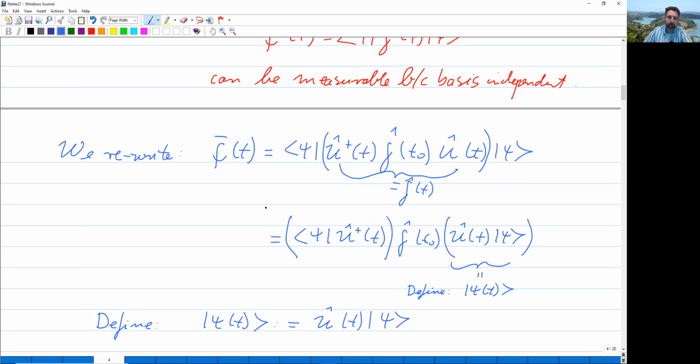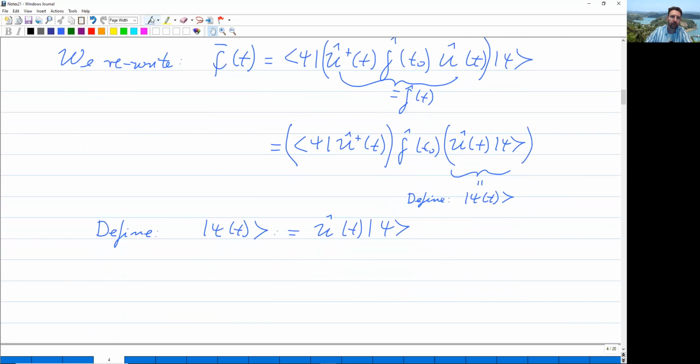And this is called the Schrödinger state function.